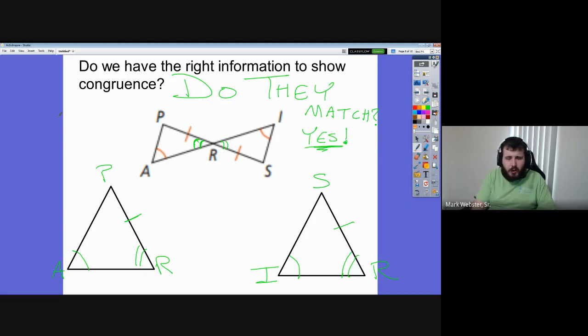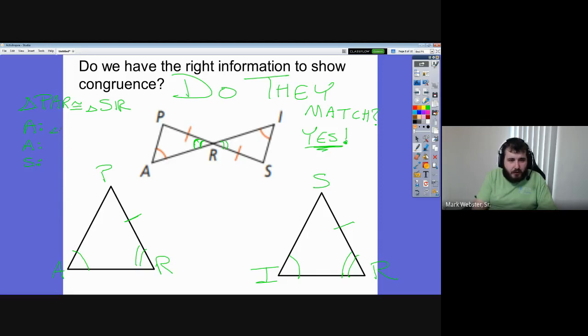So let's put our work in here. We know that triangle PAR is congruent to triangle SIR, and we're going to name our angle, angle, side. So what's our first angle?